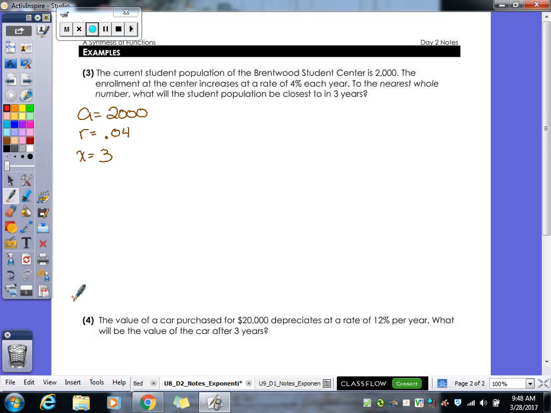So would this be growth or decay? Growth, because the population is increasing. So it'd be A times 1 plus R to the X power. So we'll plug in our numbers, so 2,000 and then 1 plus 0.04 to the third.